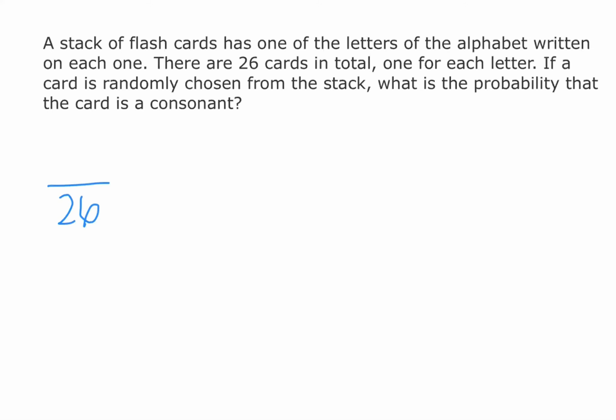There's a lot of consonants, so counting all of them would take longer. So I'm just going to subtract the number of vowels from the total, and what's left over is consonants. Vowels are A, E, I, O, U, which is 5. So 26 minus 5 equals 21 consonants.